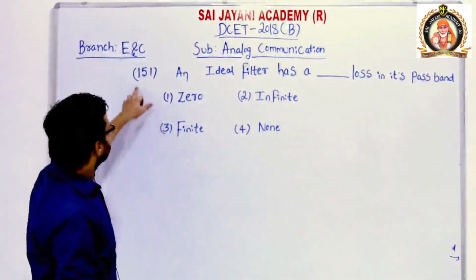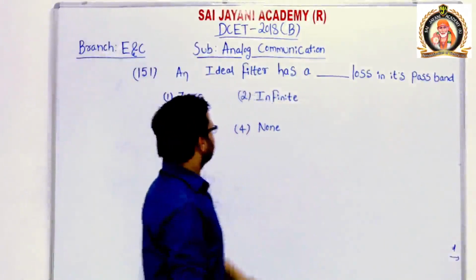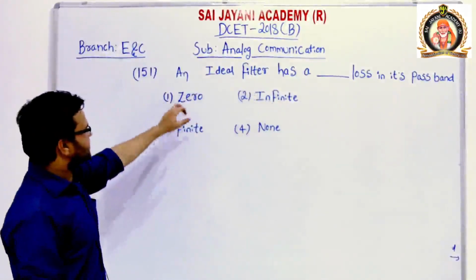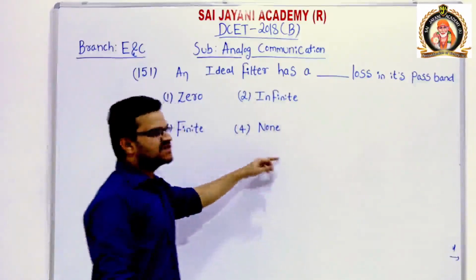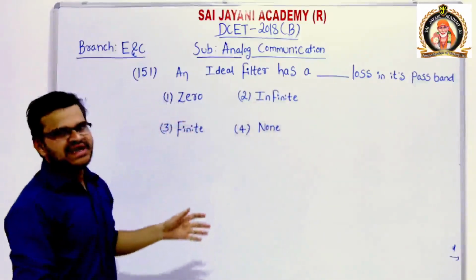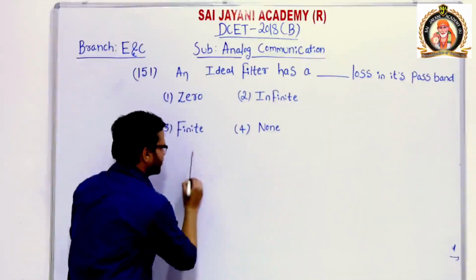Question number 151: an ideal filter has dash loss in its pass band. The options are given below. The first one is 0, the second one is infinite, the third one is finite, and the fourth one is none. This question can be solved by using the ideal low pass filter.